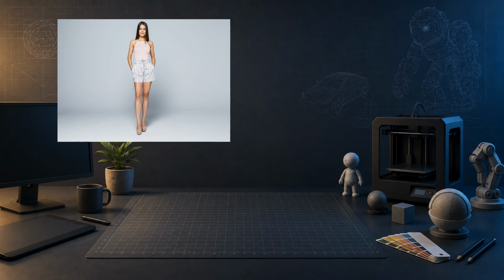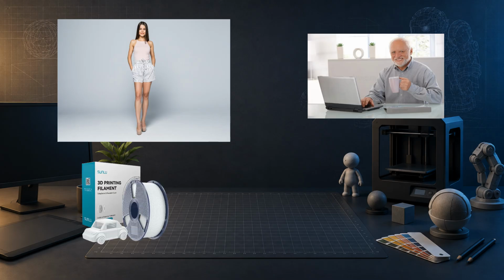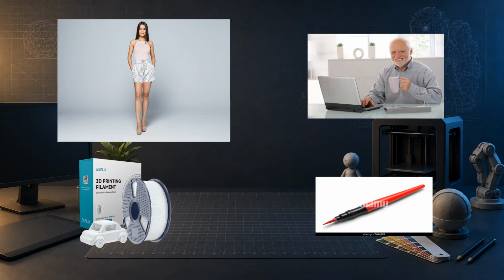Then you're going to need a PC or a computer, Slicer, 3D software, the browser, and also filament. And when you want to paint the model, you're going to need some sort of pencils. And yes, let's get started.